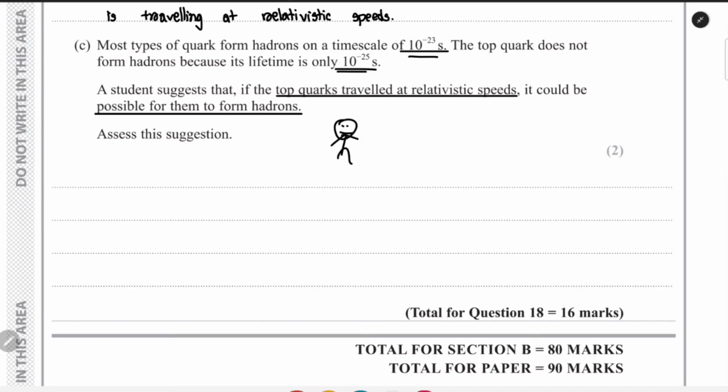So if it has been 5 hours for me sitting there, it hasn't even been 10 to the power minus 99 seconds for this top quark, because it's moving at relativistic speeds. So this would also increase the time for the hadrons to form. So this suggestion would not be possible.